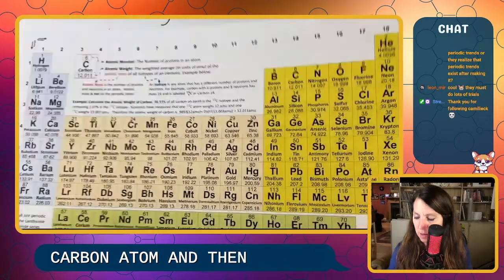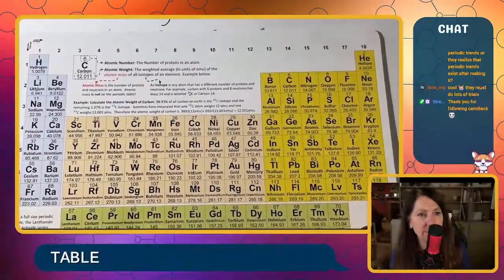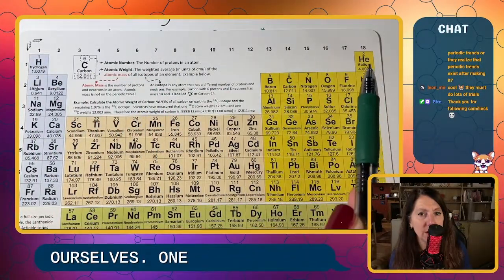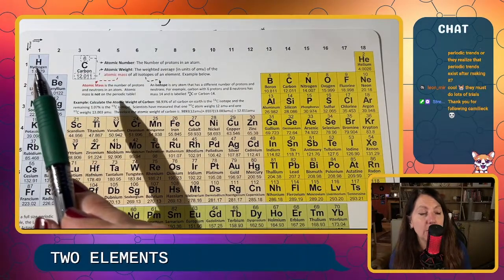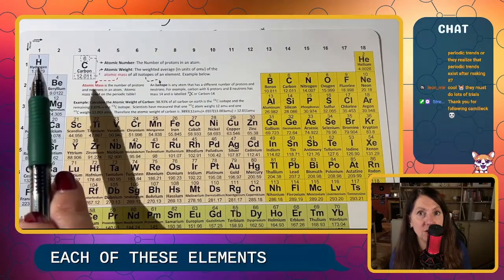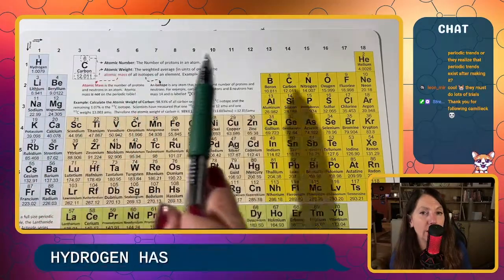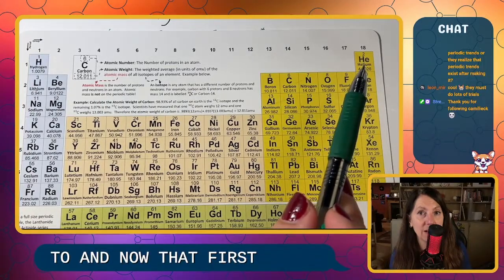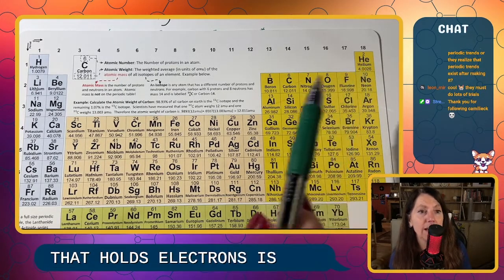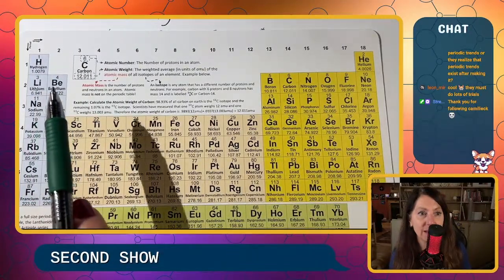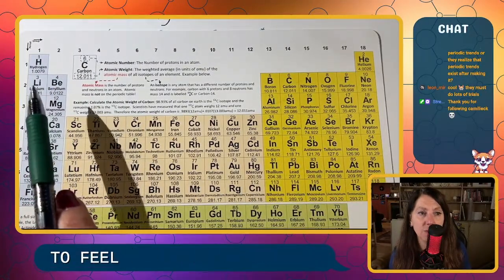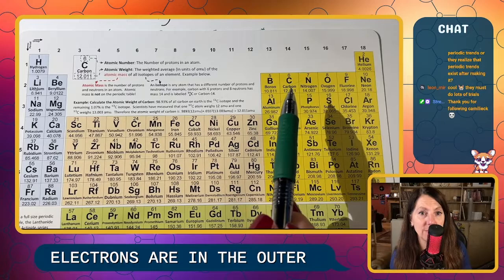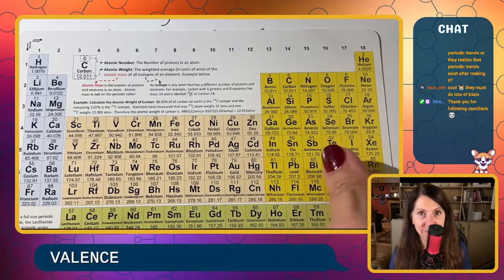And then we can look back at the periodic table and remind ourselves, period 1, we've got 2 elements. So each of these elements has an additional electron. Hydrogen has 1, helium is 2. And now that first shell that holds electrons is full, and we move to the second shell and begin to fill electrons. 1, 2, 3, 4 electrons are in the outer shell, and we call that the valence shell.